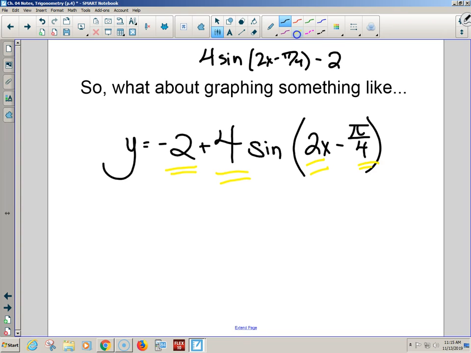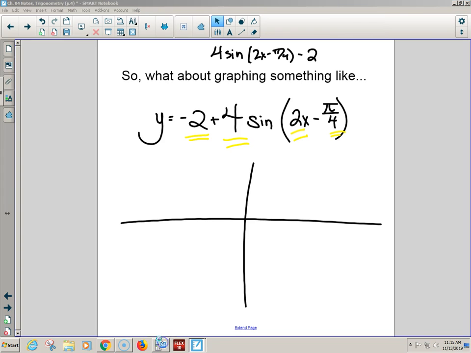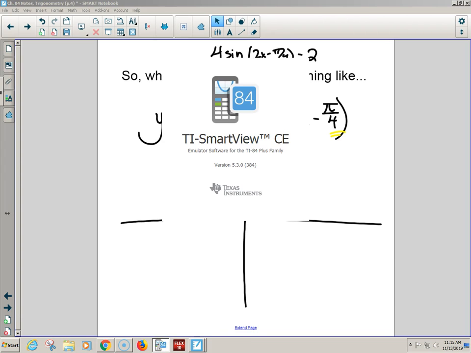In nice little pi expressions. How could you graph this in your calculator in a way that you show me all 5 of the key points exactly, precisely, in terms of pi radians, not decimals?